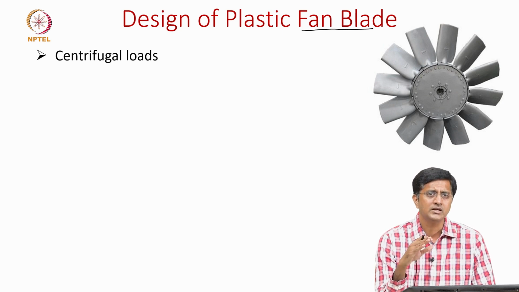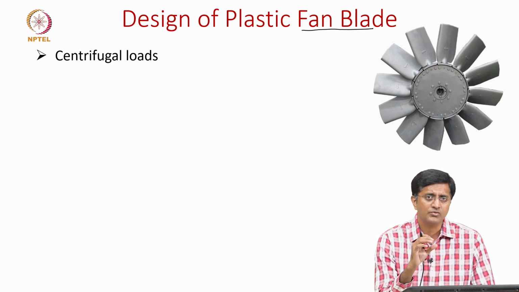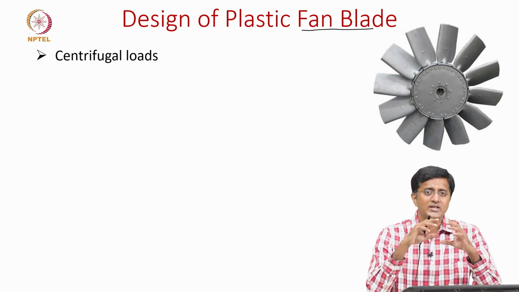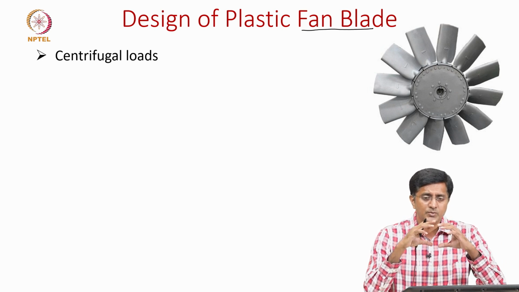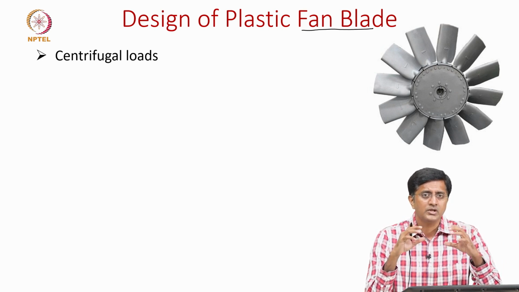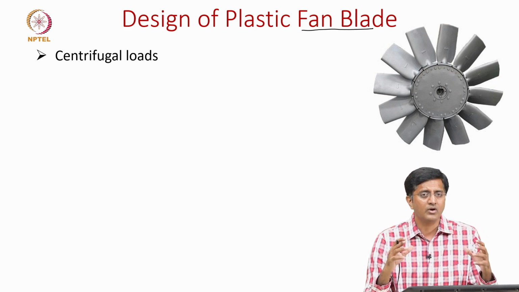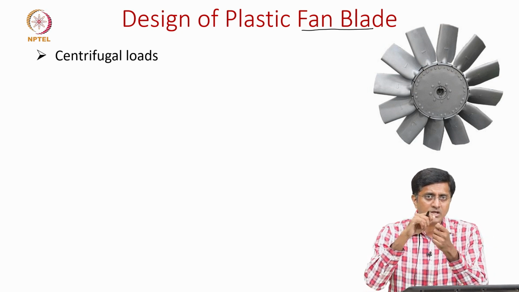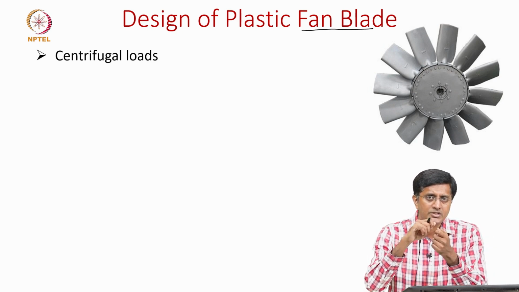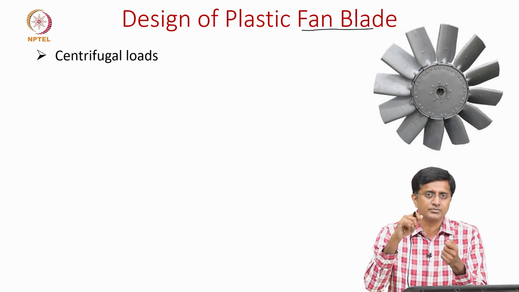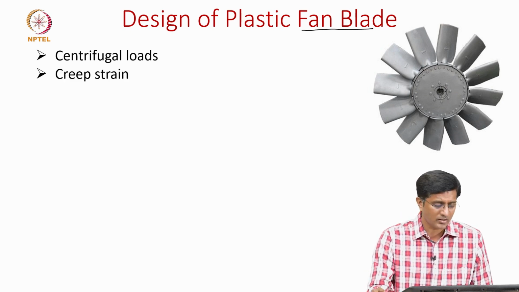But now let us see, since we are working with plastics or polymers, what are the additional criteria to be taken care of. So, here the viscoelasticity plays a role, because now let us assume that these fans are rotating at a constant speed, which means there is this centrifugal force. But if we wait for long times, since there is a force acting continuously, there is a continuous stretch, right? This needs to be accounted.